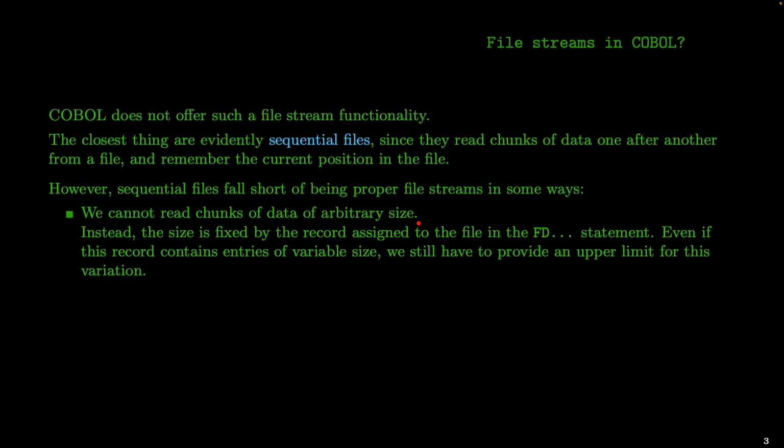The size that we read using a sequential file in COBOL is fixed by the record, by the data structure that we assign to this file in the FD statement. Even if the record we assign to the file contains entries of variable size, you may recall, even for those, we have to provide an upper limit for the size.